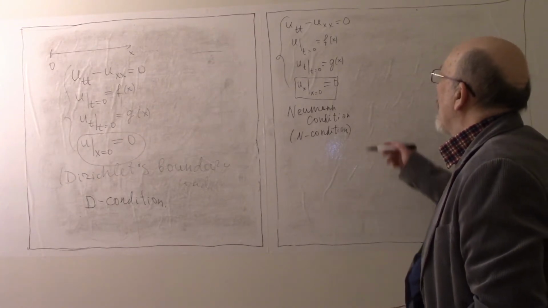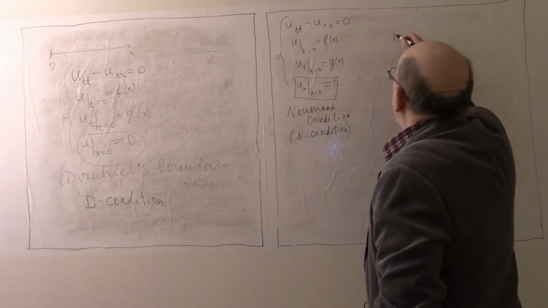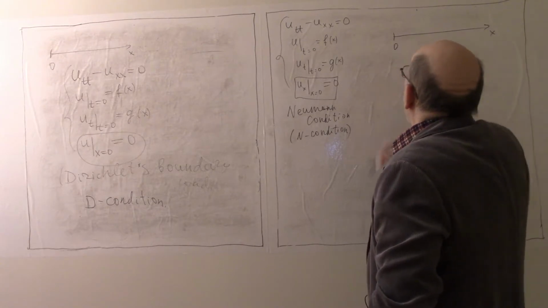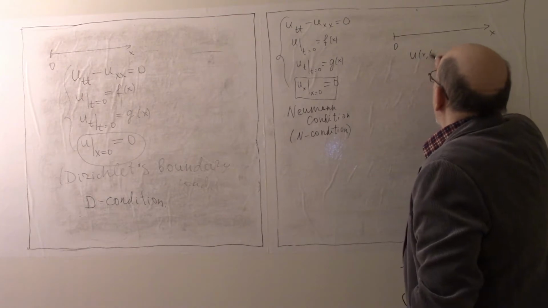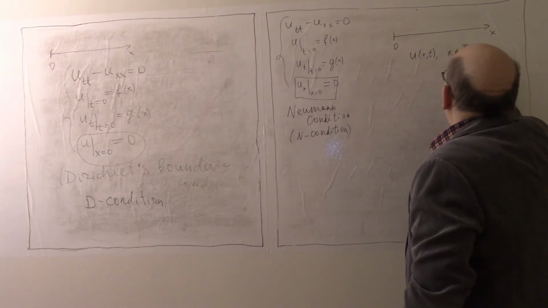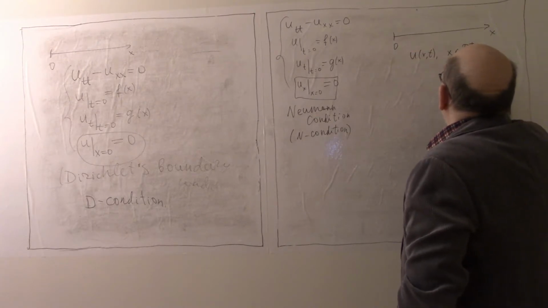So we have this problem. We are looking for a function u of x,t, x in R plus, so x is positive, t also in R plus.